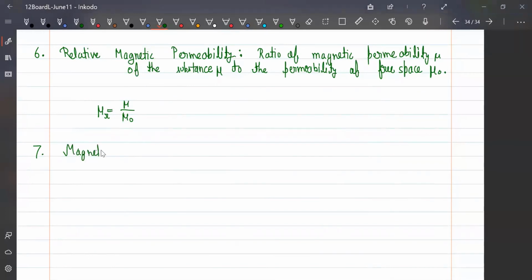After this, we define magnetic susceptibility. And this is the ratio of magnetization to the magnetic intensity. And we like to write it like this. Magnetic susceptibility is written as this.